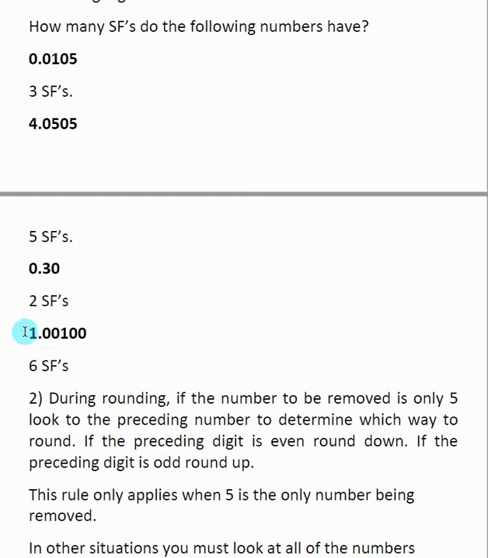You start at the left, you go to the right until you hit your first non-zero number, in this case 1, then I start counting digits. I don't care if these zeros are here or at the end. I start at the left, I go to the right until I hit my first non-zero number, then I start counting digits. 1, 2, 3, 4, 5, 6. This number has 6 sig figs.